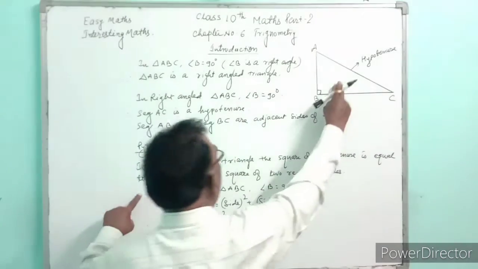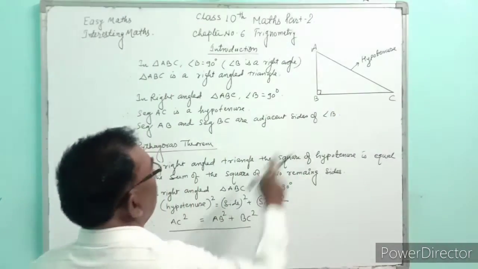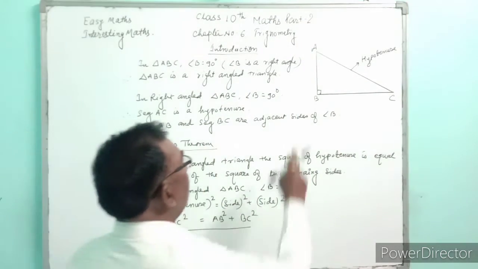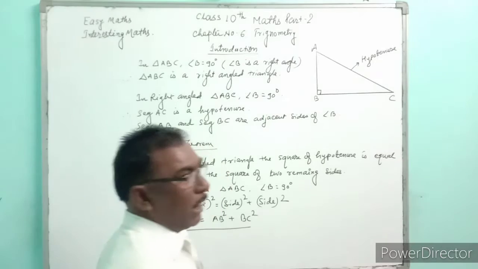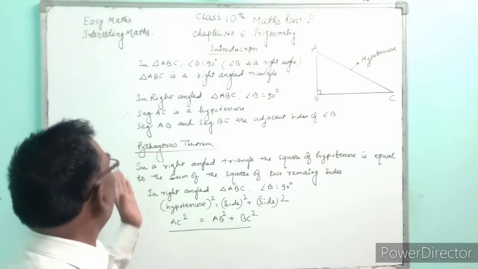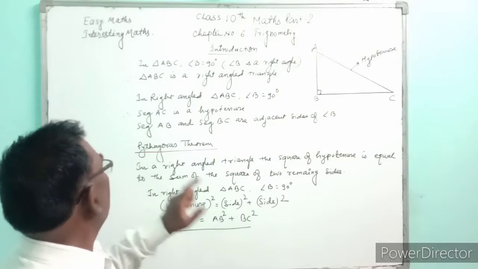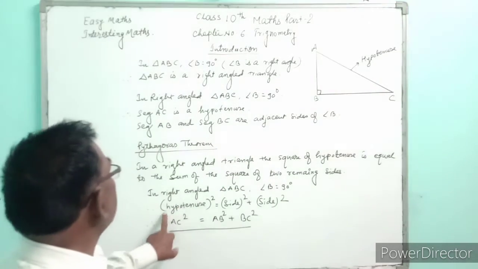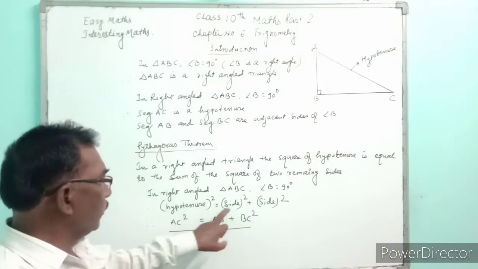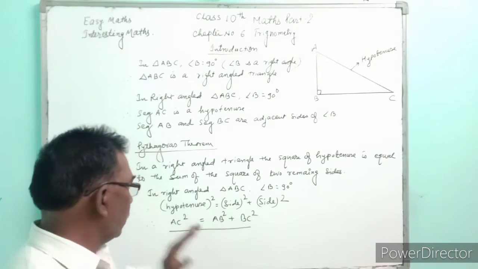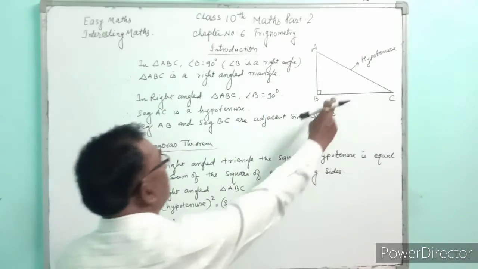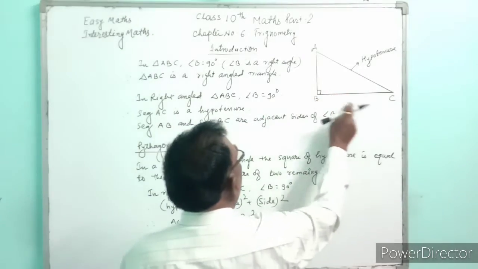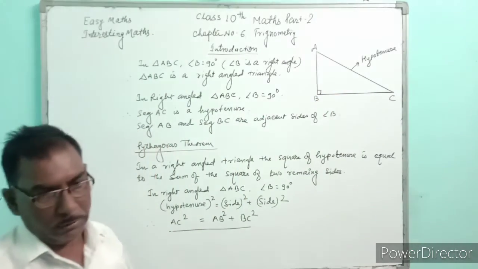In the above triangle, AC is the hypotenuse and AB and BC are the two remaining sides. Therefore, according to the Pythagoras theorem, the square of the hypotenuse is equal to side square plus side square. So, for this triangle ABC, AC square is equal to AB square plus BC square.